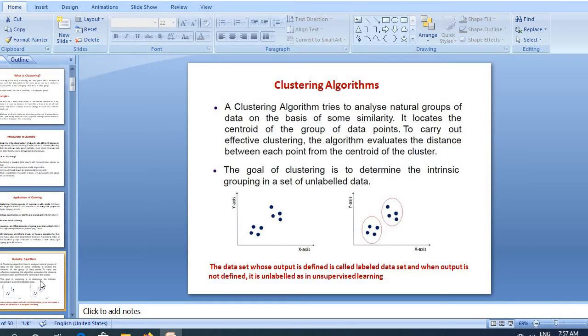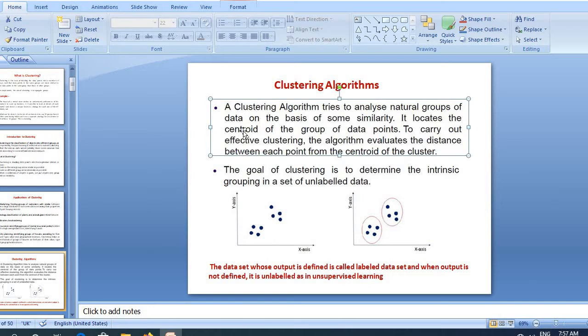Now, what are clustering algorithms? A clustering algorithm actually tries to analyze the natural groups of data based on some similarity. Each group of data will have a centroid. Look here, centroid. So each group of data will have some center point or centroid.